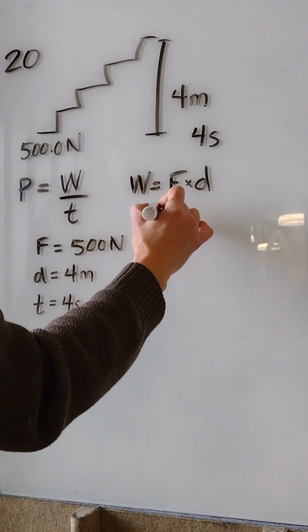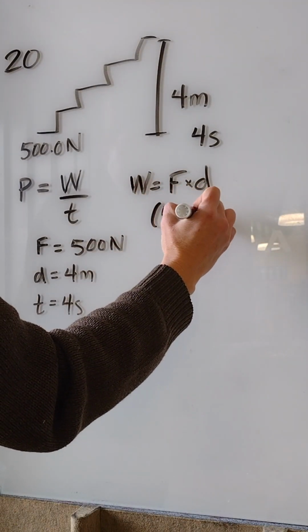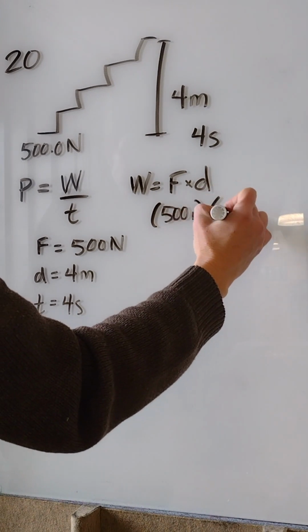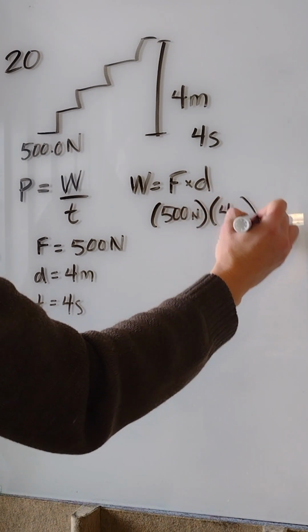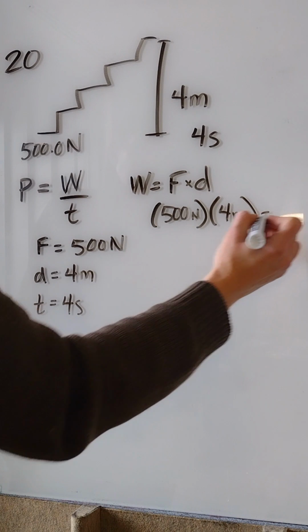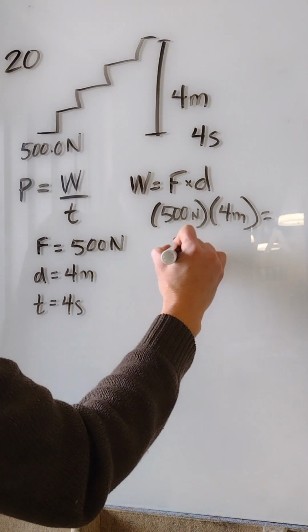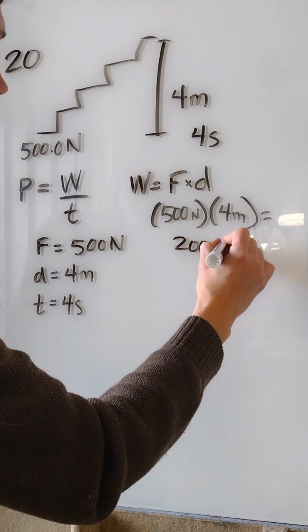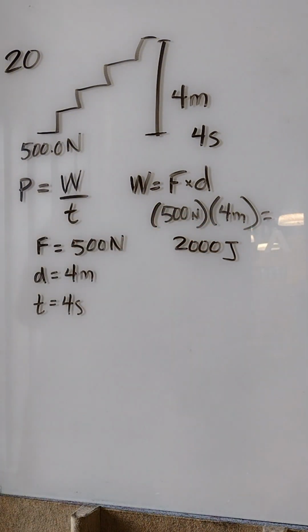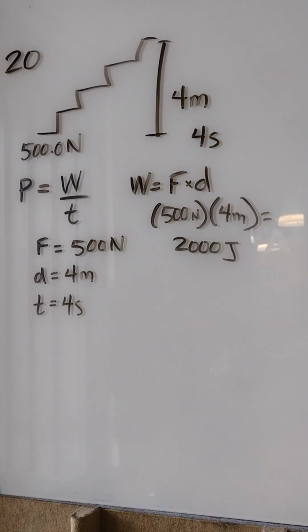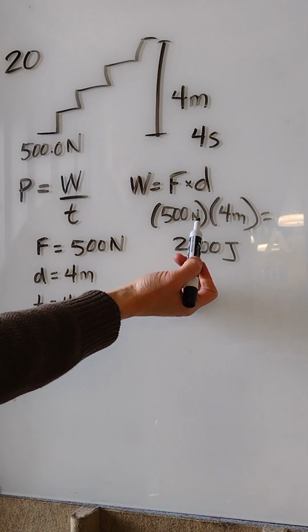So that's going to be 500 newtons times 4 meters. That's a Newton meter. And so that's going to give us joules. So that's what, 2,000? 2,000 joules. Okay, I better check and make sure I'm doing my math. Okay, so in the book, they don't even multiply these out.